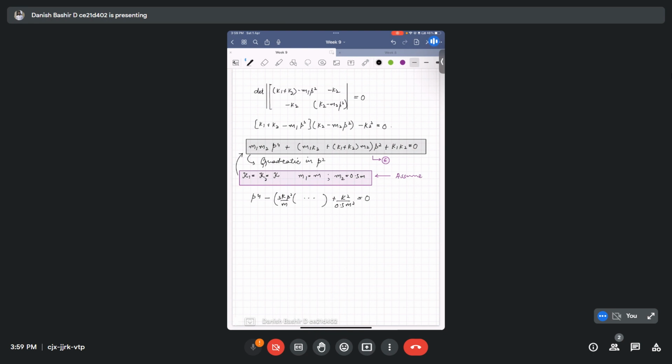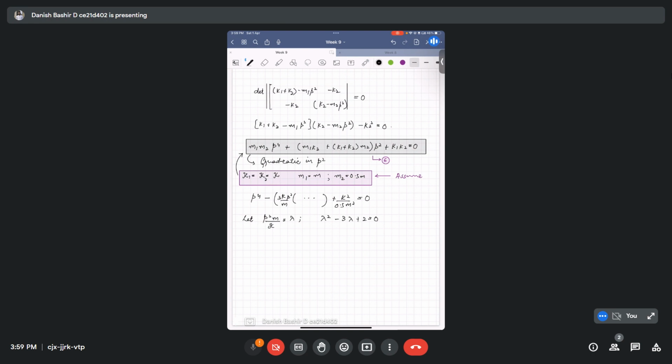If we take p square m by k equal to lambda, making this substitution, we get a simple equation: lambda square minus 3 lambda plus 2 is equal to 0.